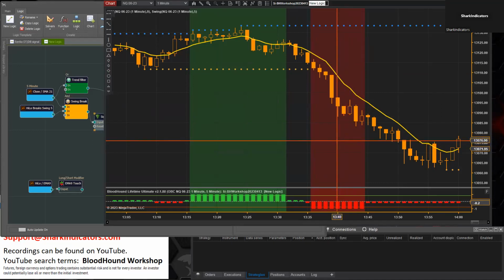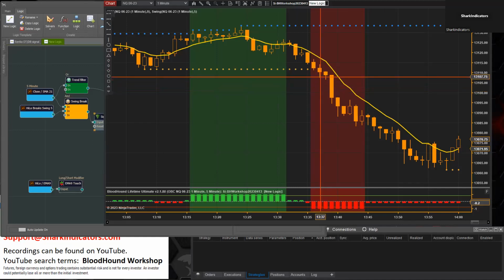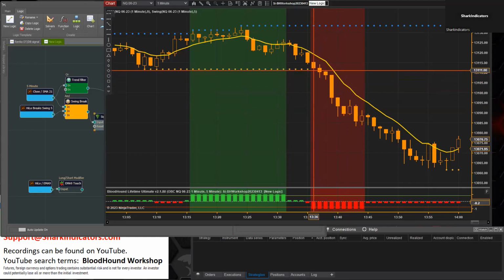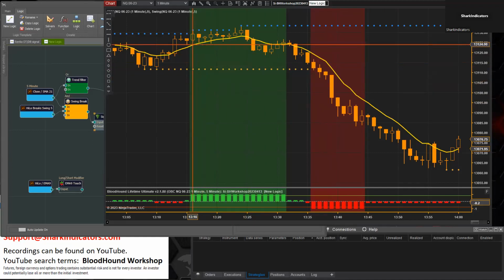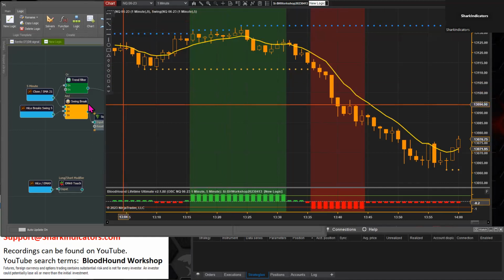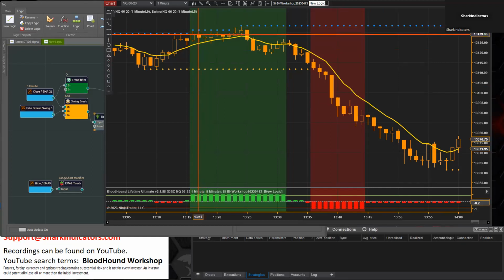The other requirement is that these all would have to be down bars. In order for this to be considered price continuing forward for a short signal, these all would have to be down bars. Or when we get a break of the swing high, they all would have to be up bars to be considered a continuation. As soon as we get a pullback bar, in other words a bar in the opposite direction, that starts the pullback.